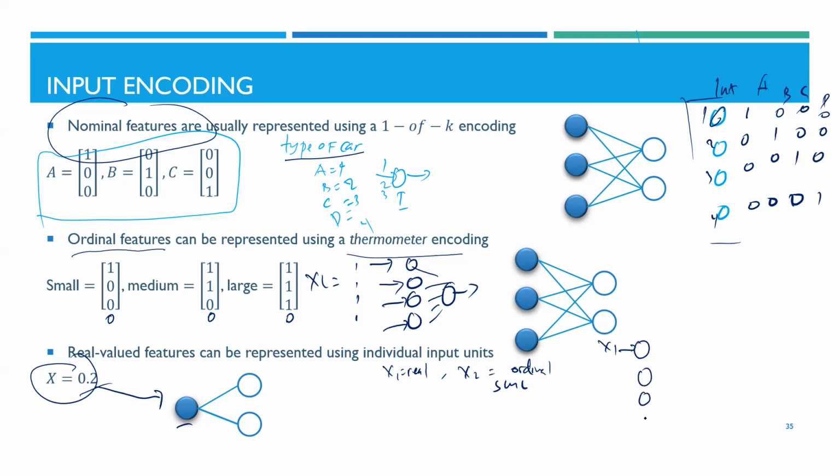Second node, third node, fourth node, this is for x2, which is the ordinal one. And then we can combine all of these into the hidden layer, and then also the output layer. Yeah, so this is input, hidden, output.